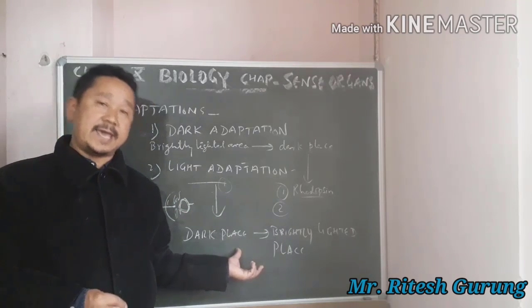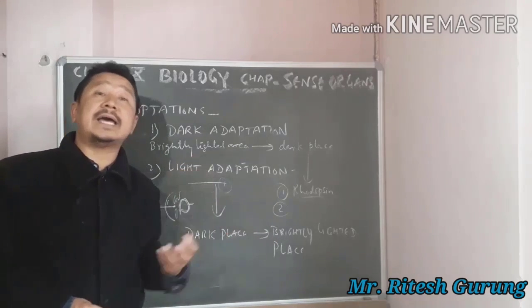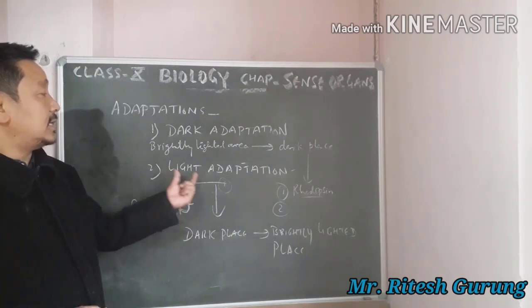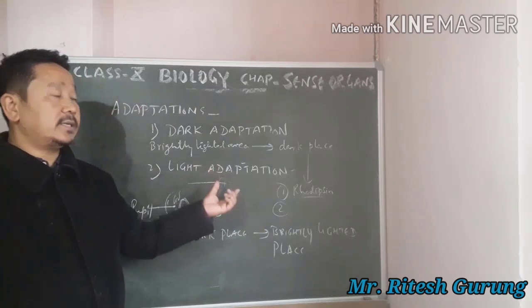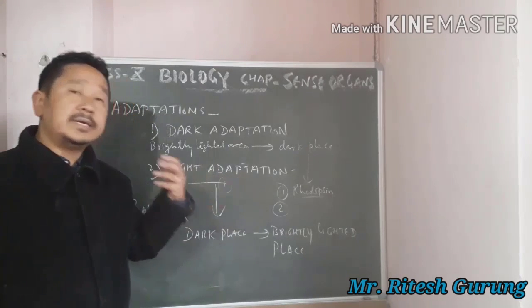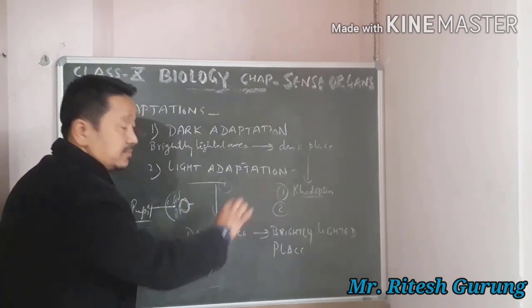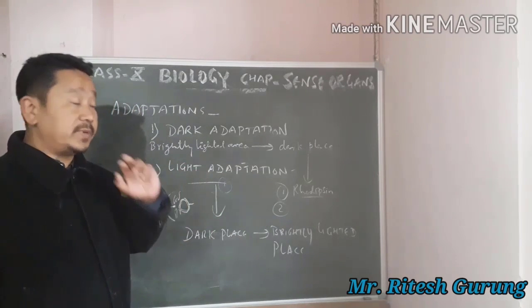You will adjust there. That adjustment in the brightly lighted area is called light adaptation. This also takes place because of two reasons.